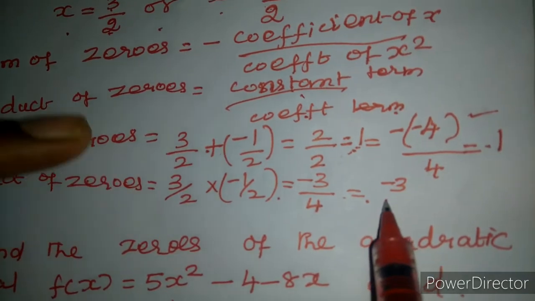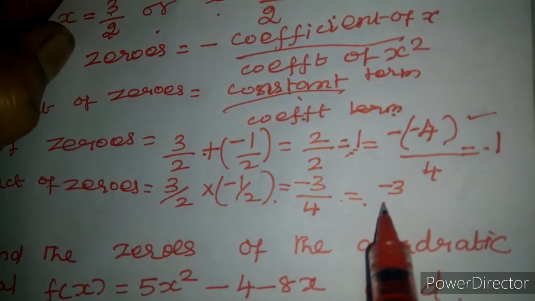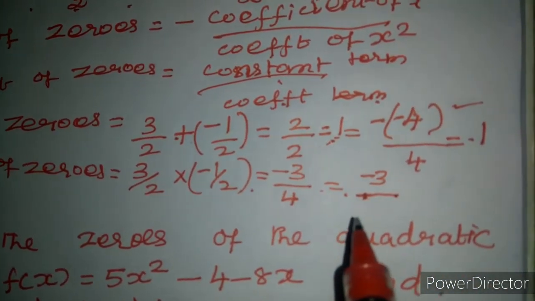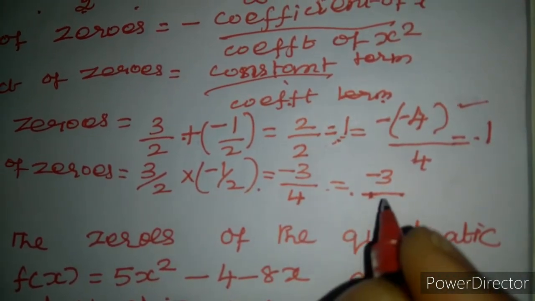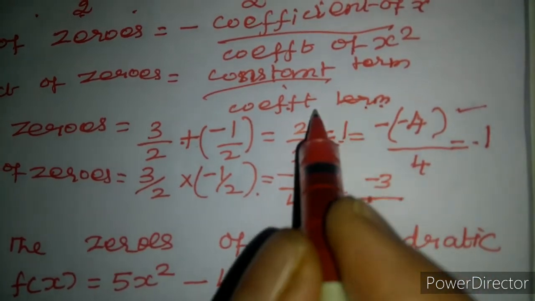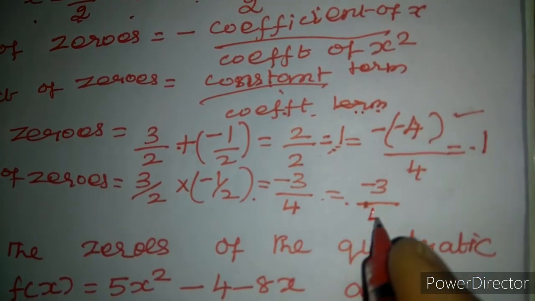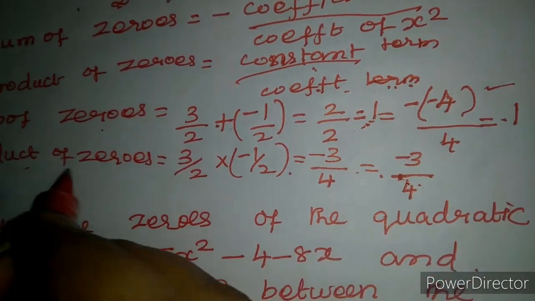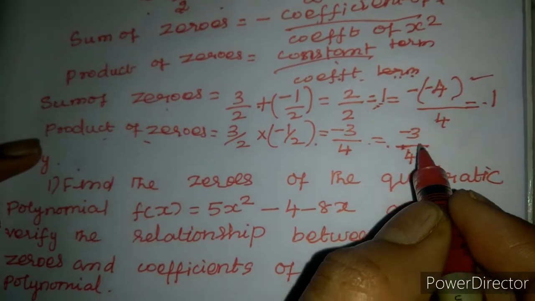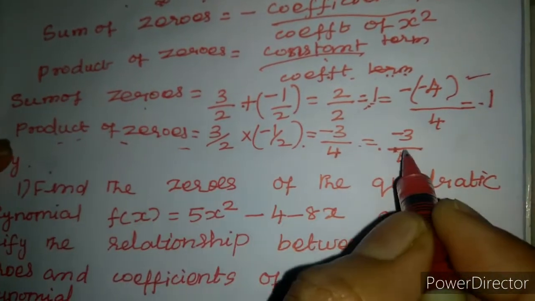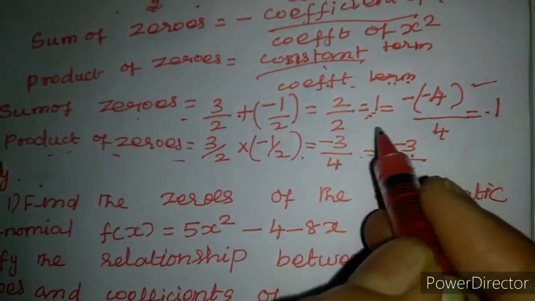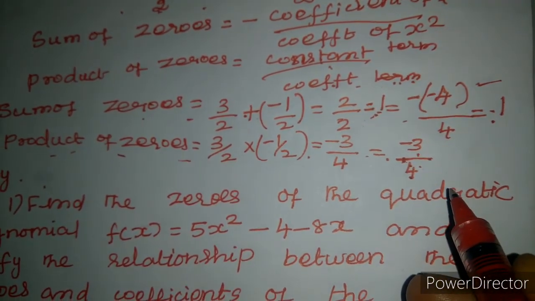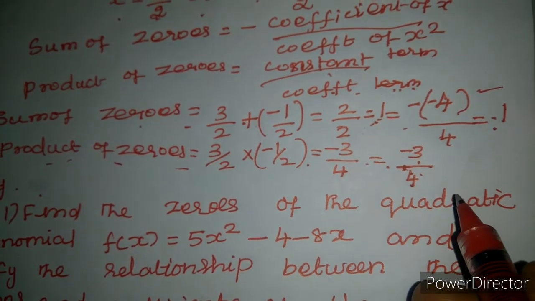Constant term here in this equation is minus 3, divided by coefficient of x square, which is 4. So minus 3 by 4. Therefore the answer is correct. So sum of zeros and product of zeros are verified. The product of zeros equals minus 3 by 4 and sum of zeros equals 1. Therefore the relation between zeros and coefficients is verified.